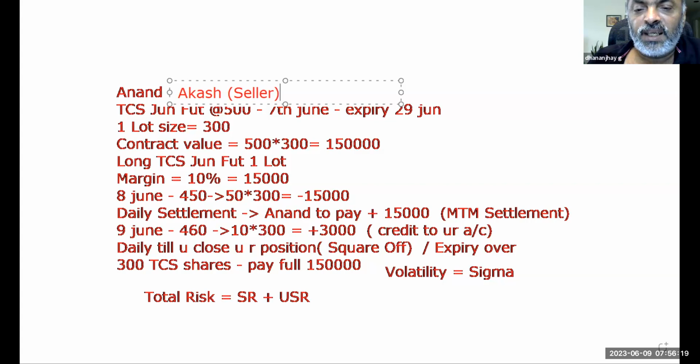Exchange is an intermediary. Exchange will not keep speculating. Are you following? Yes, sir. So this is how this mark-to-market settlement works.